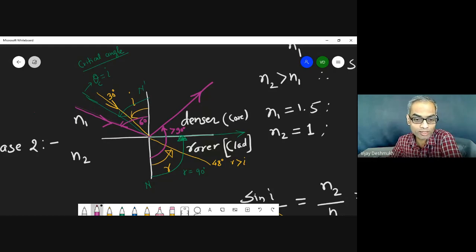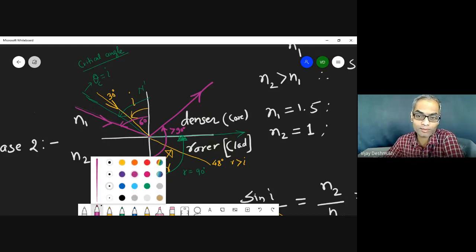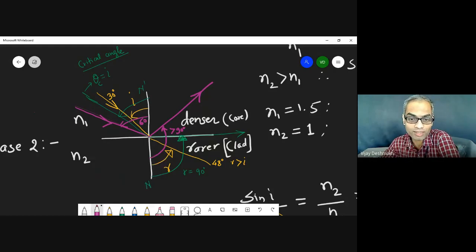Now, as soon as it becomes more than 90 degree, what is happening? The light is traveling back into the same medium. The medium was denser, for example glass here, and for example air here. So if the light is coming from the glass, it is refracting back to the glass medium. Remember, this is not reflection.